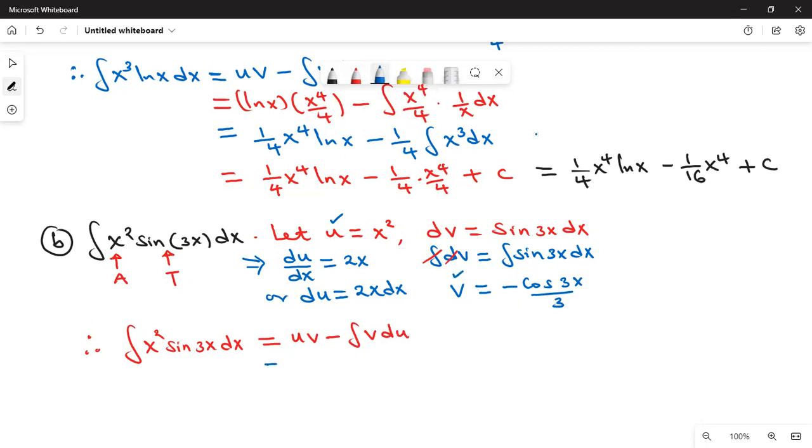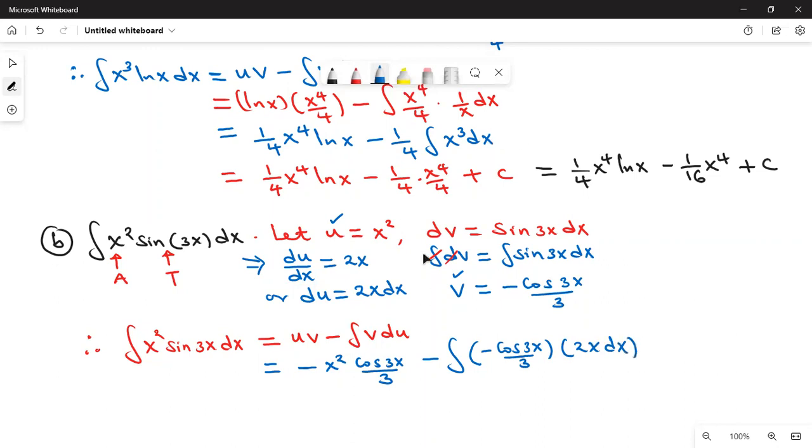Let's multiply. That will give us negative x squared times cosine of 3x over 3. That's uv minus the integral of v du. Our v is negative cosine 3x over 3, and our du is 2x dx.